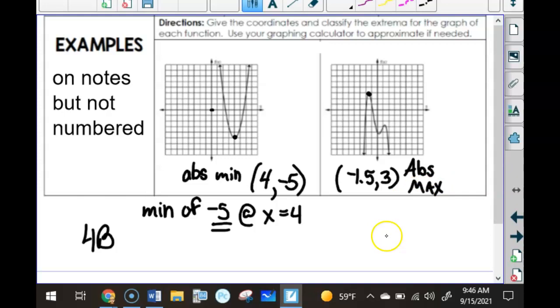What else are there for extrema? There's a relative max, okay, what's that point? Anybody give me that ordered pair? (1.5, -3)? Is that what we said? Okay. And there's one more we didn't do. Yeah, there's a relative min here.